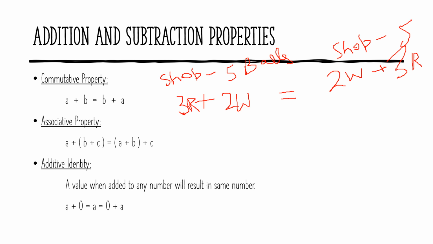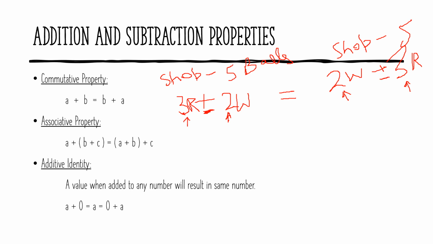So it is the same. The commutative property is that if we are adding numbers, for example here the numbers are 3 and 2, then the order doesn't matter. Here 2 is coming first and 3 is coming later, so the order is changed, but it doesn't matter.